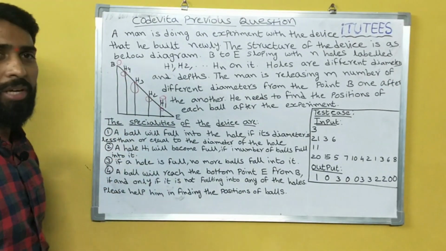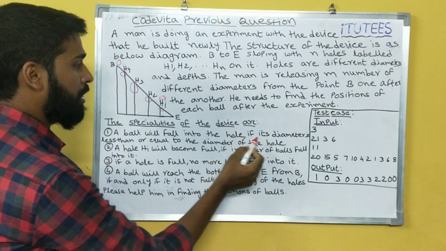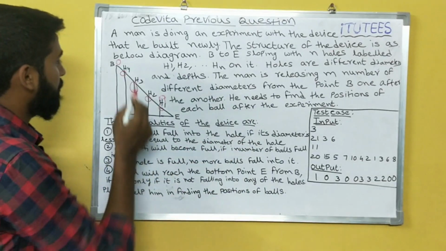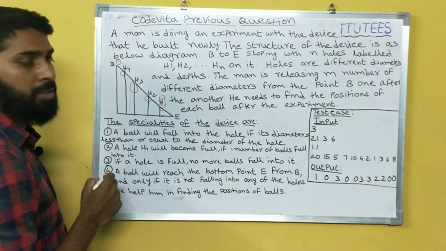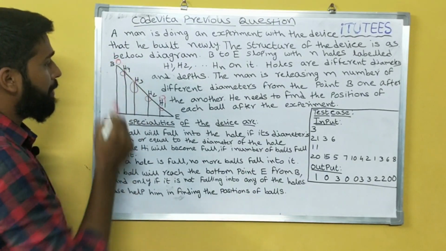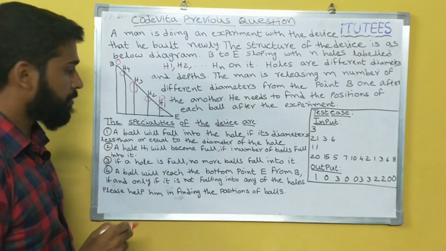The specialities of the device are as follows. So what is the speciality? A ball will fall into the hole if its diameter is less than or equal to the diameter of the hole. So that means if the ball has a diameter like that, it falls into this hole if this diameter is less than or equal to the diameter of the hole.